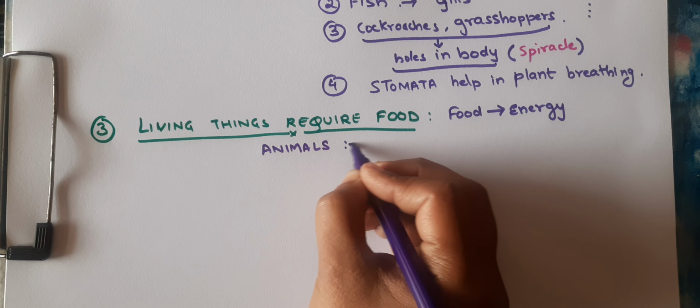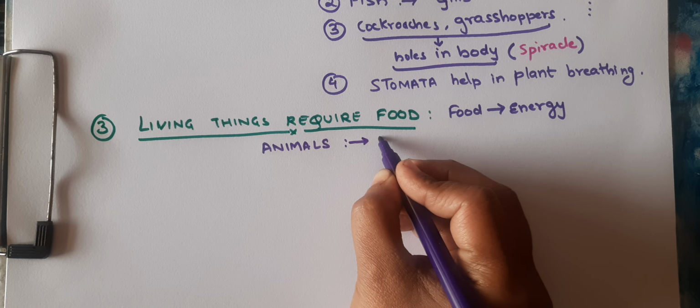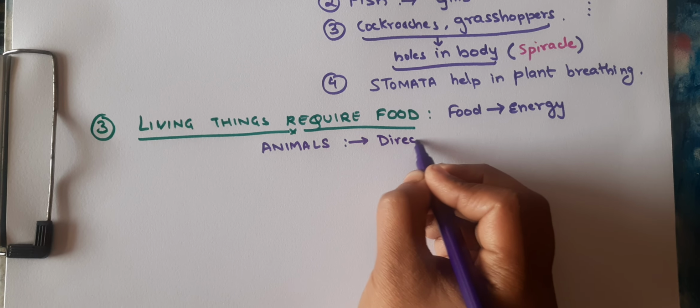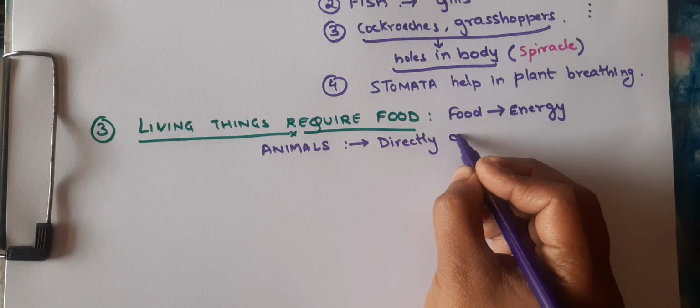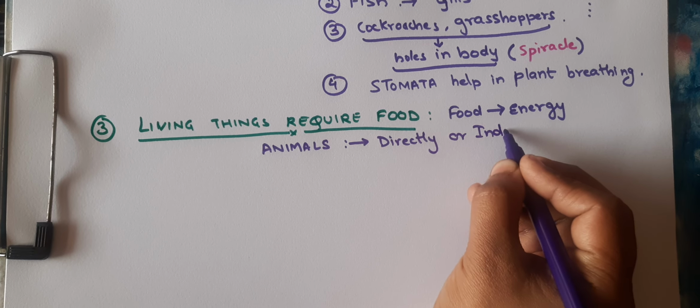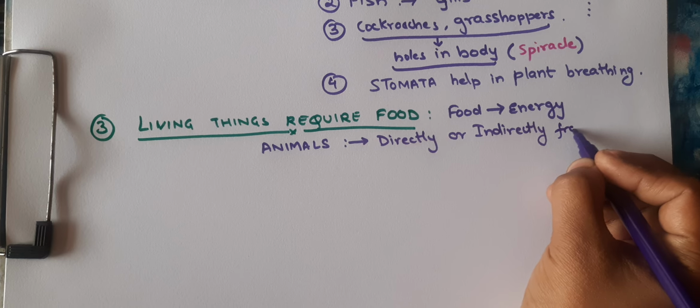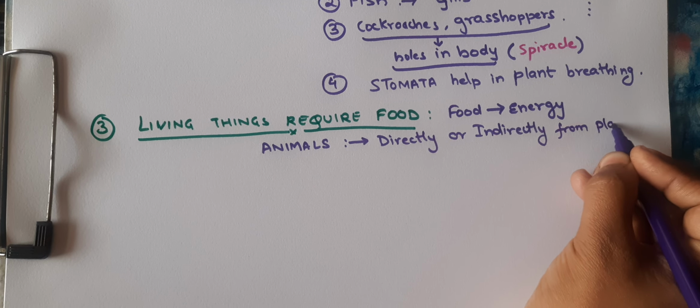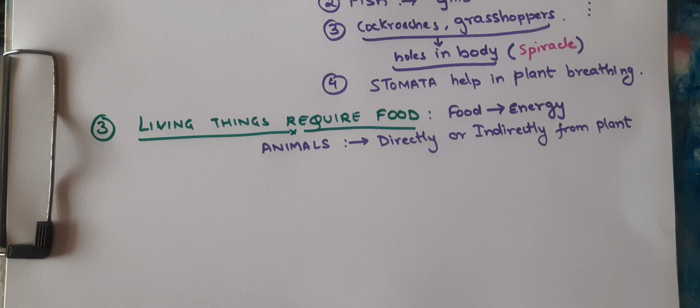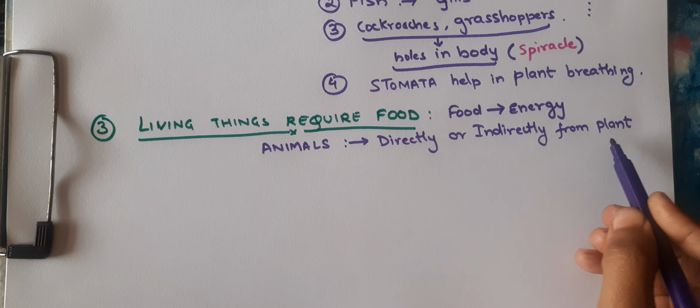So animals, they will get their food directly or indirectly from plants. Okay, how? Directly means they will eat the plant itself. Example, the cow, it will eat the plant.